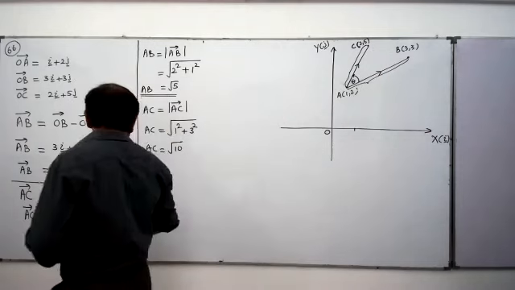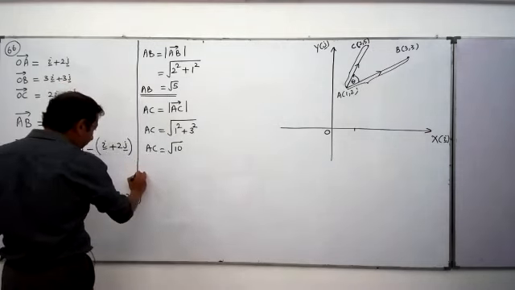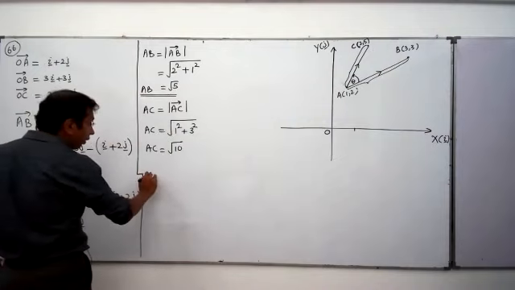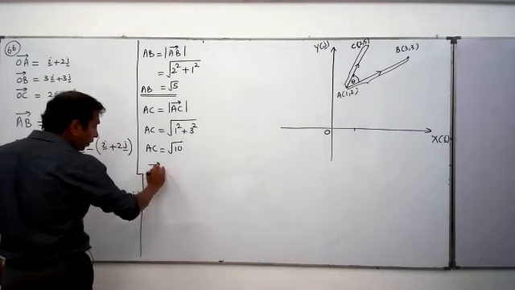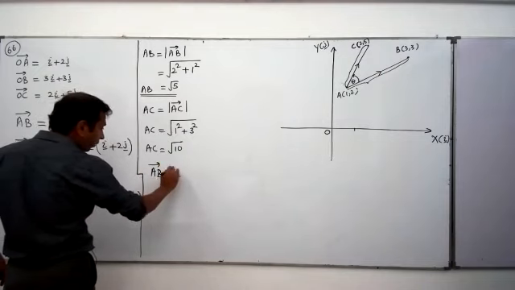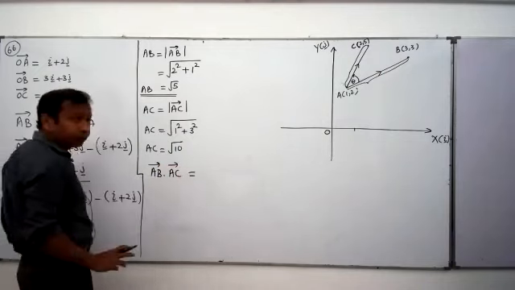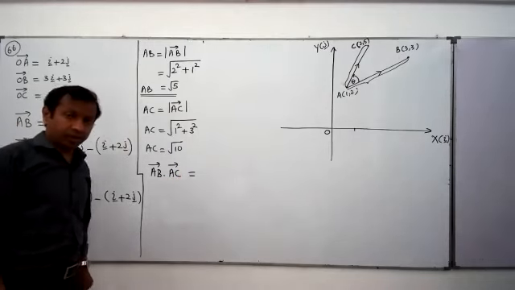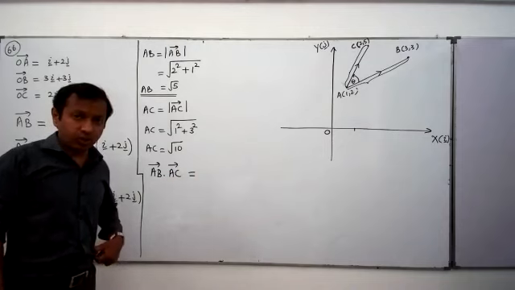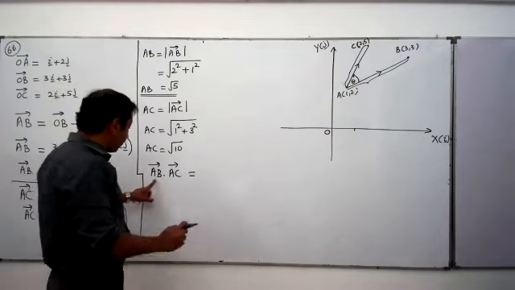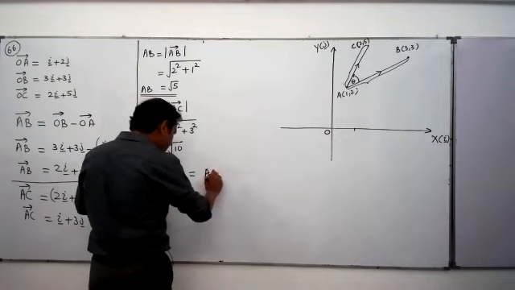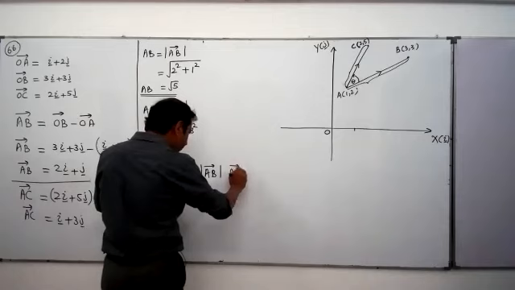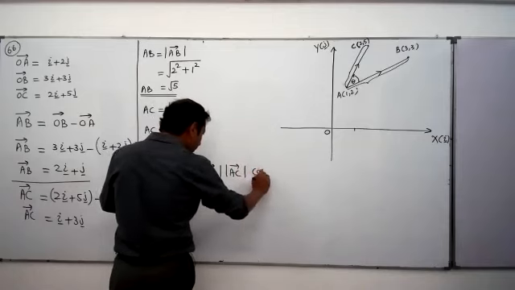Then what we do? Right. We can write like this. We can start writing this way: AB vector dot AC vector. How to define the dot product between two vectors? First vector modulus times second vector modulus times cos theta.